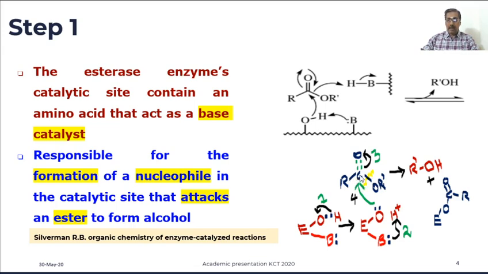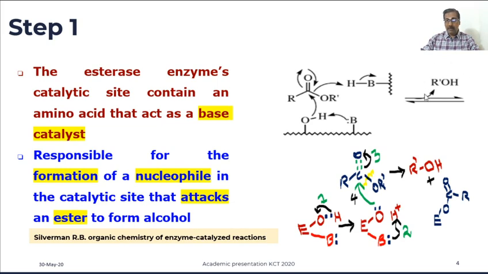Now this carbocation is ready for the attack. I have already generated a nucleophilic oxygen in the enzyme's catalytic site. This will make an attack over here. Thereby you see a tetrahedral intermediate will be formed. So this is the first phase. Now I want to hydrolyze this because, as I already mentioned, in the first phase of the reaction alcohol will be released.